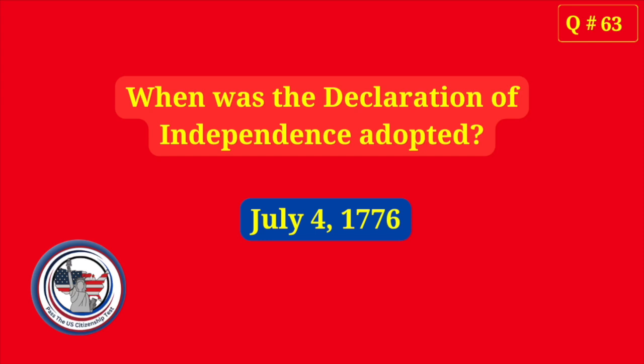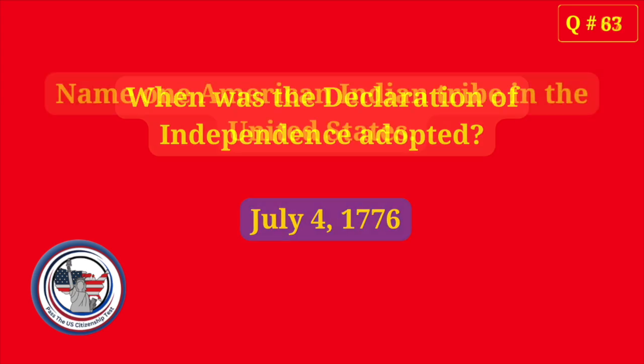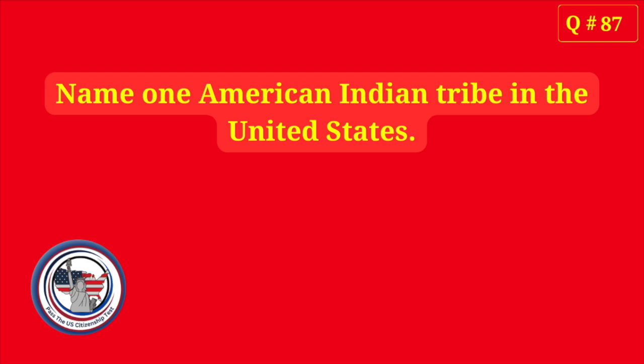July 4, 1776. Name one American Indian tribe in the United States. Cherokee.